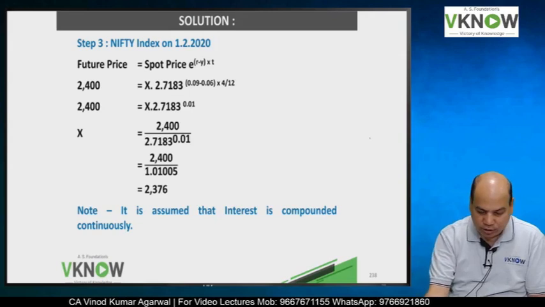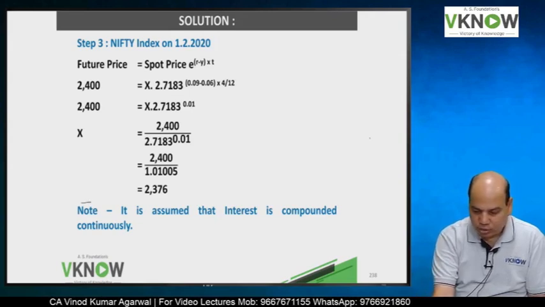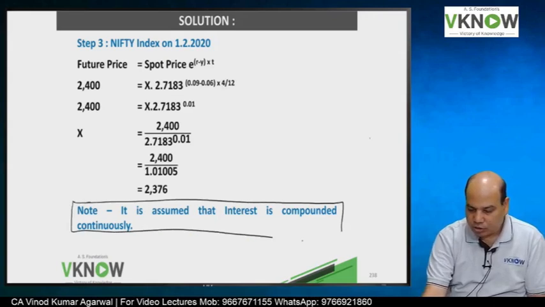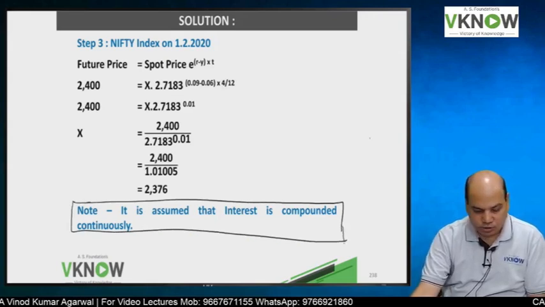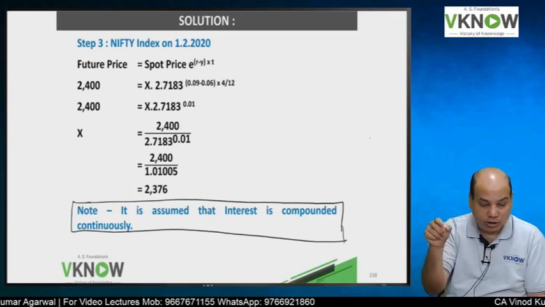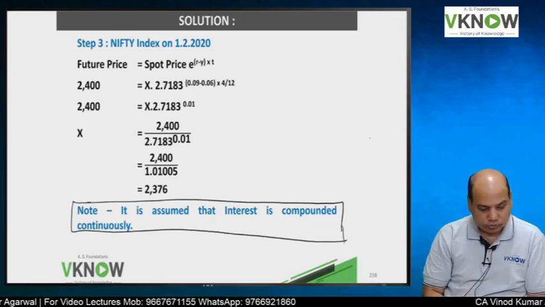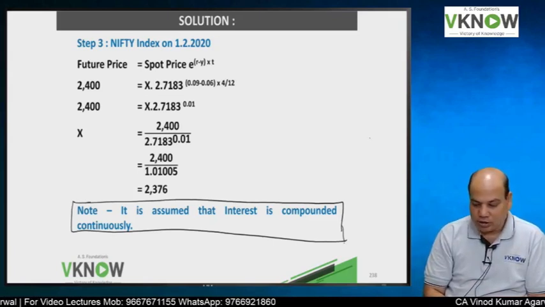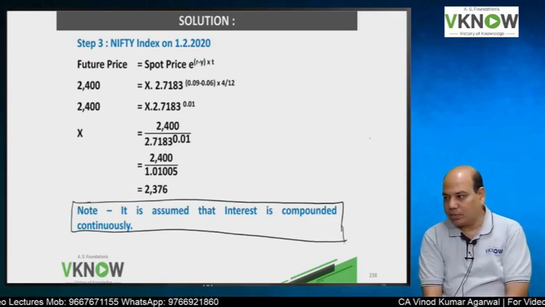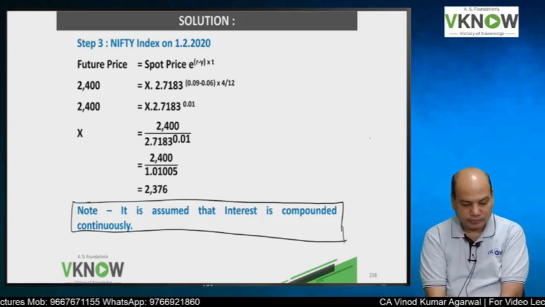Only one note to write down, because the institute sometimes does not take continuous compounding. So if you are taking continuous compounding, write a note: it is assumed that interest is compounded continuously.